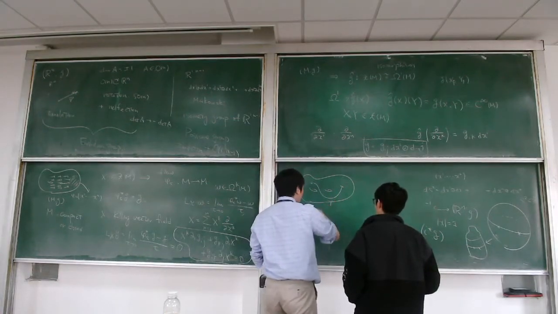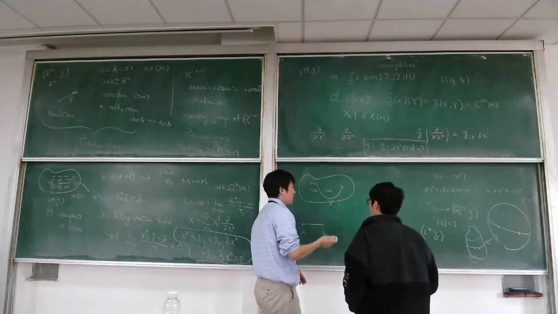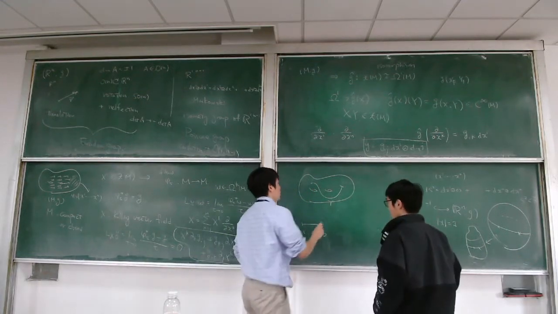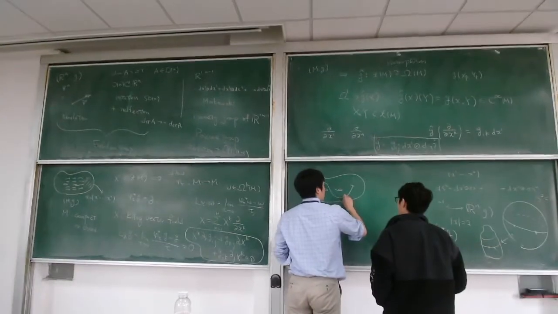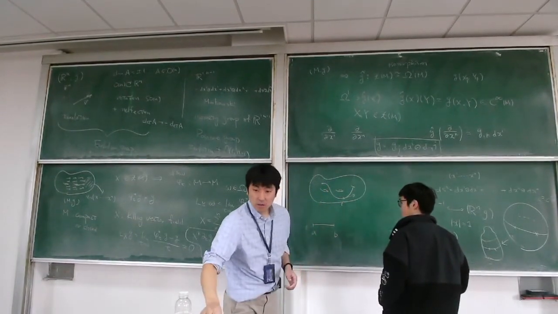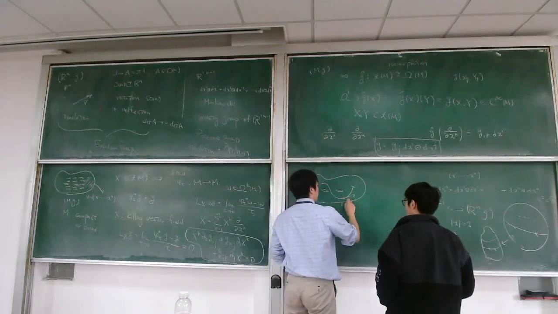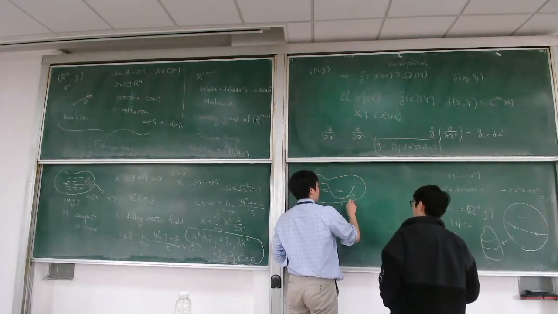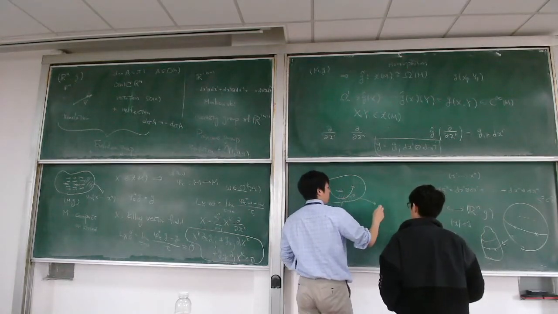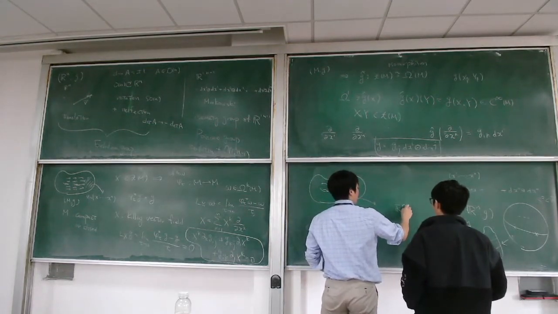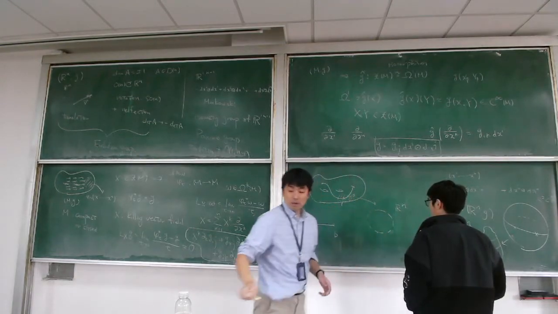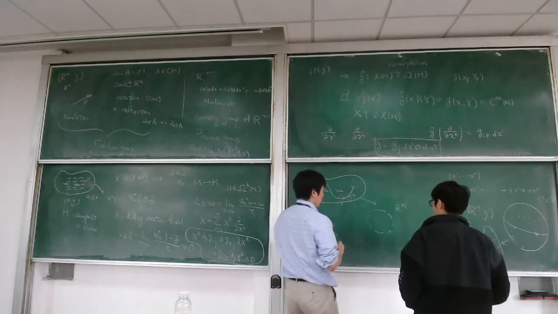There is some point P, and from point P the tangent vector. What we are going to do is take an open patch and map it to R^n, and at this point the curve looks like this.